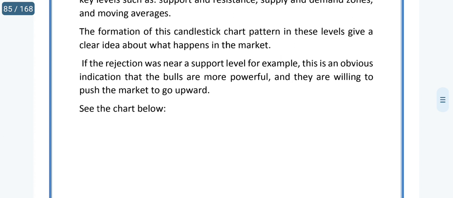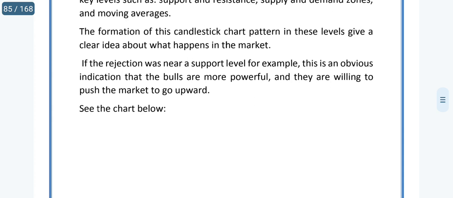Of course, when a penny bar forms in a downward trend, it is a clear indication for buyers to start buying the market, because when it forms in a downward trend, automatically it becomes a bullish penny bar, calling for a buy signal. So when a penny bar forms, you get to know what is going to happen in the market, depending on where it has formed, either in a downward trend or in an uptrend.